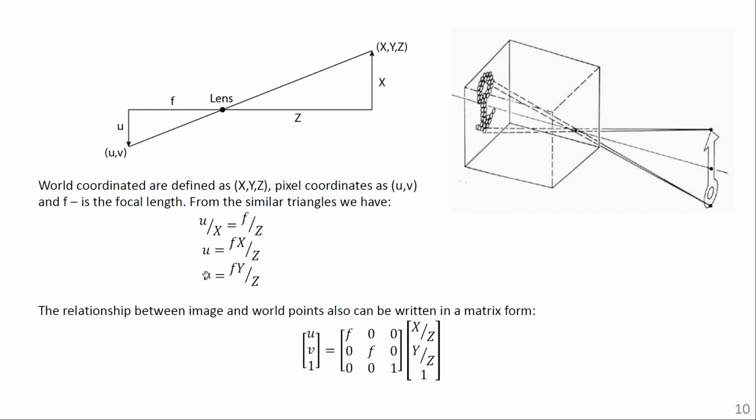Similarly for v, also from the similar triangles. And again we can write it in a matrix form: pixel coordinates and world coordinates, and how they relate. If we multiply these two matrices, we will get a similar equation. So firstly we got them from similar triangles, and next we put them into matrix form.